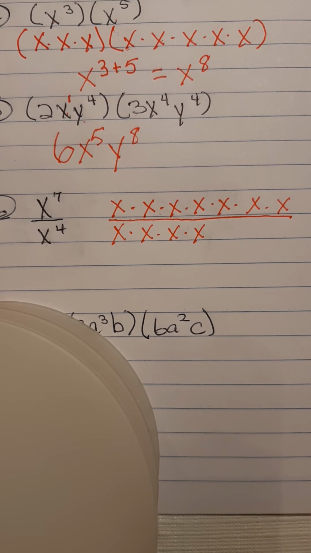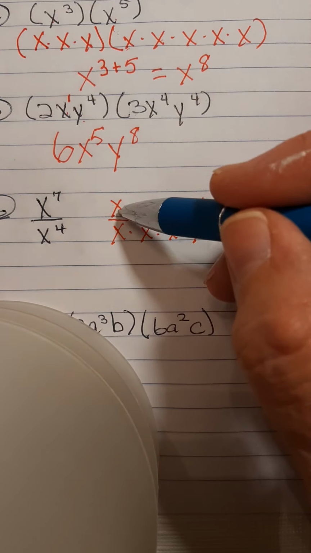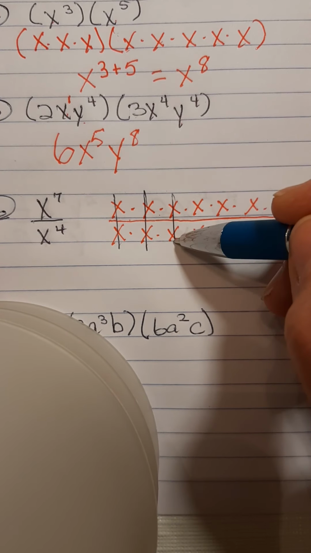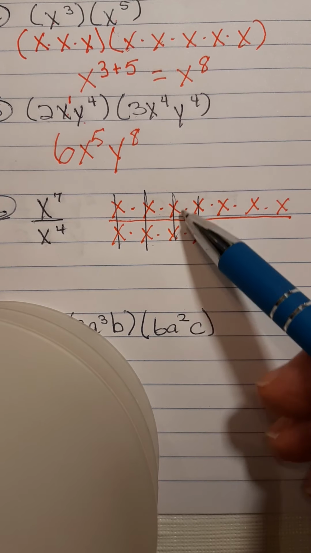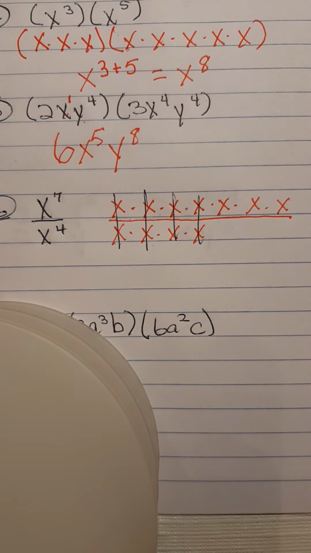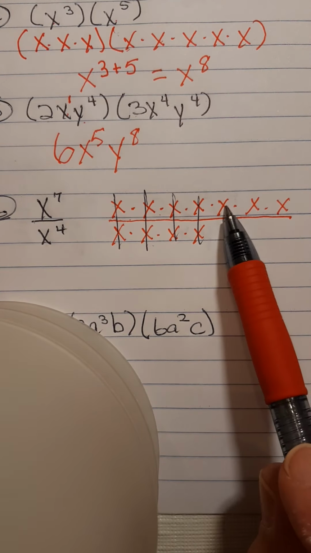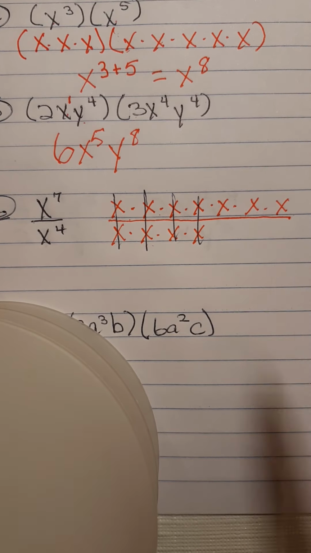Okay? Now, we know that if there's a number or a variable that's identical in the numerator and denominator, they just can cancel. Why? Because x over x is 1, x over x is 1, x over x is 1, x over x is 1. So those can cancel. And we see that we've got 1, 2, 3 x's left.